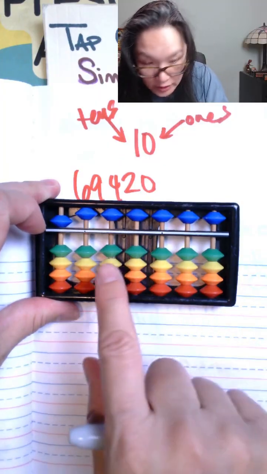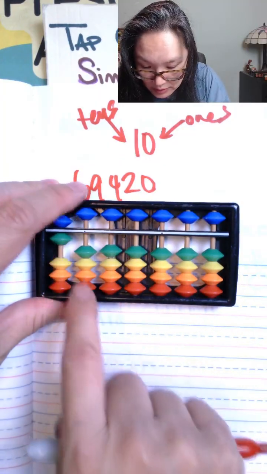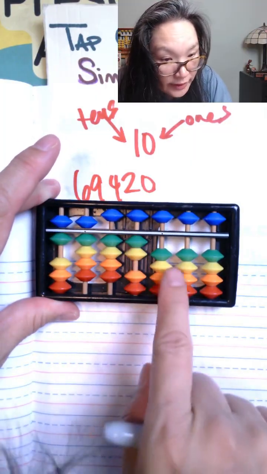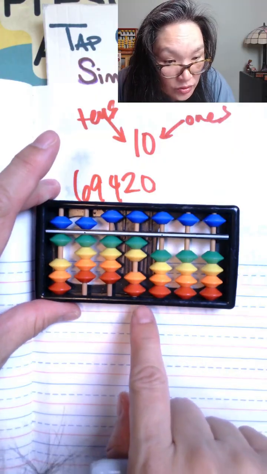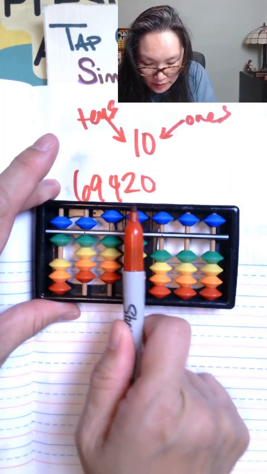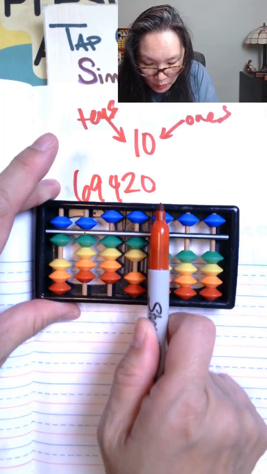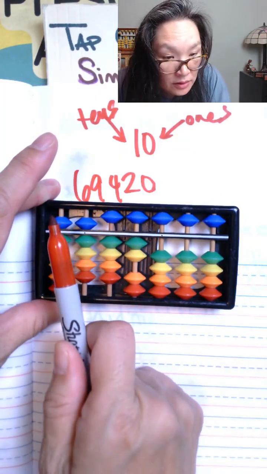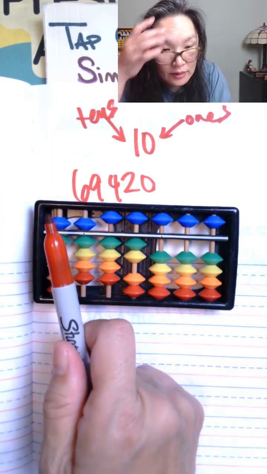Okay, Dallas, we're going to do 6, 9, 4, 2, 420. These are columns. So this is my ones, my tens, my hundreds, my thousands, and my 10,000s.